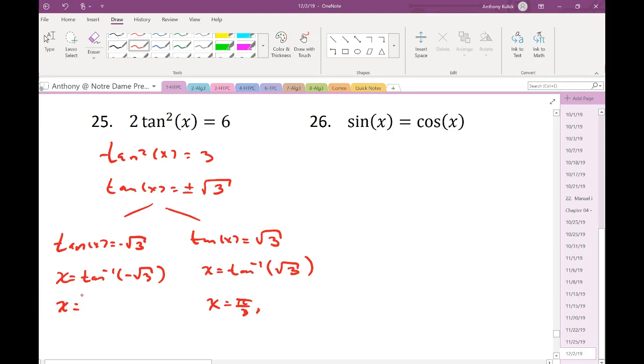And then this one happens at 2 pi over 3. And then this one happens at 4 pi over 3. And then the last one happens at 5 pi over 3.